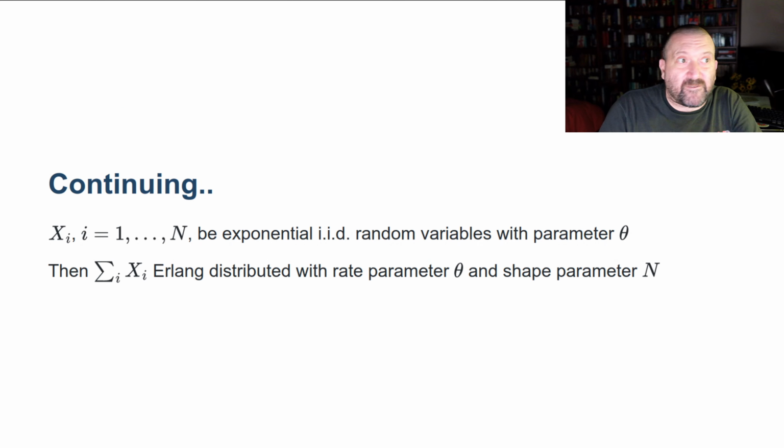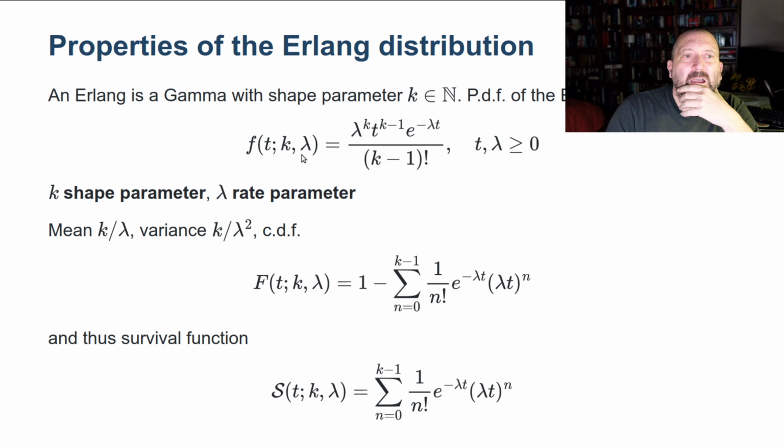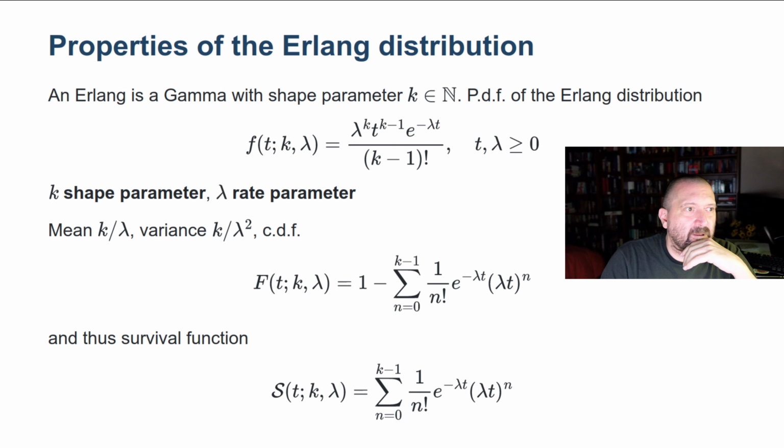It actually continues: if I take n IID random variables that are exponentially distributed with parameter theta, then their sum is Erlang distributed with rate parameter theta and shape parameter n. An Erlang is a gamma.